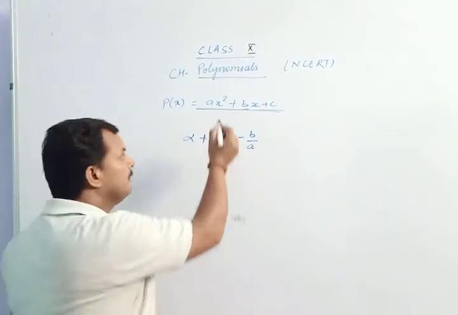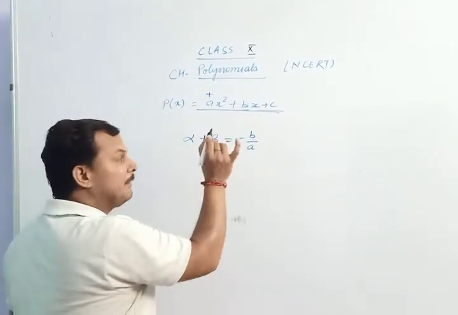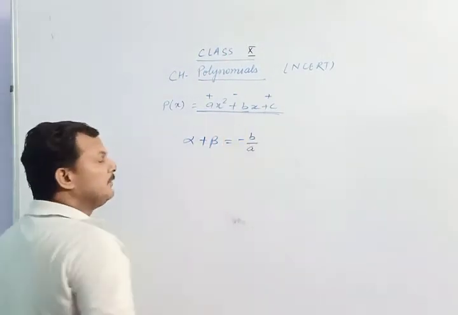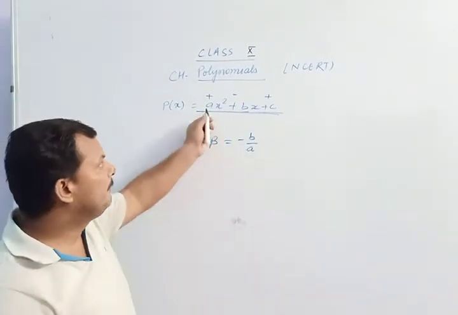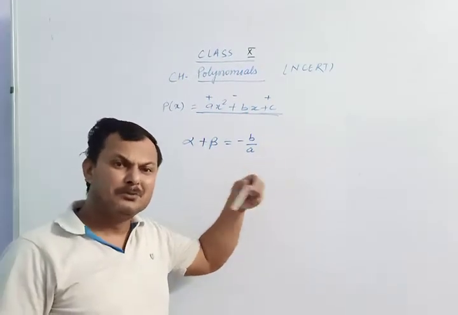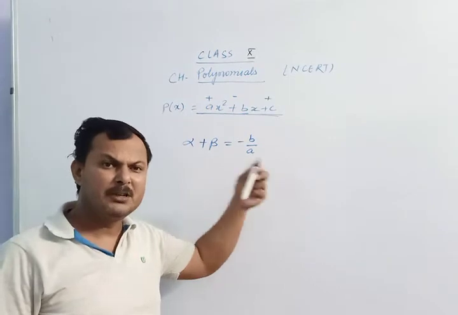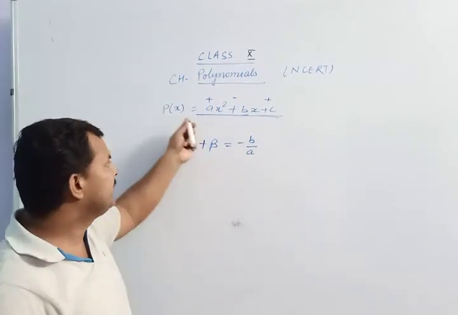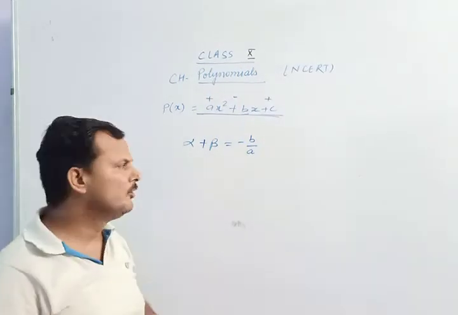For the first term, remember plus, for the second minus, for the third plus. First means odd place, even place, odd place. That will help you. In this way you reach the cubic polynomial from the quadratic polynomial. You will get the same formula. So here we stick with the quadratic polynomial.